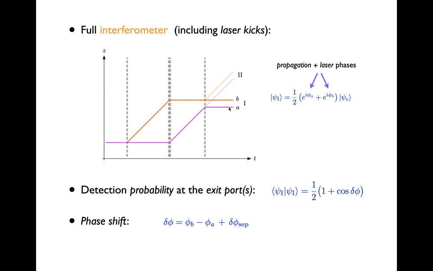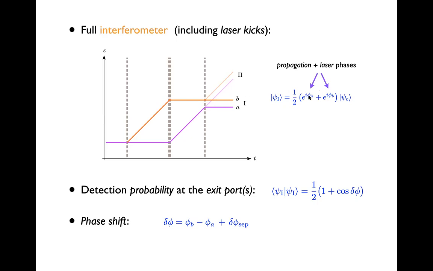And then you will have a superposition of atomic wave packets at the two exit ports that follow the two arms of the interferometer. The relative phase between the two will be crucial to see the interference signal. For these different phases, you can use the results I presented before, plus contributions from the laser pulses, the diffraction by the laser pulses.